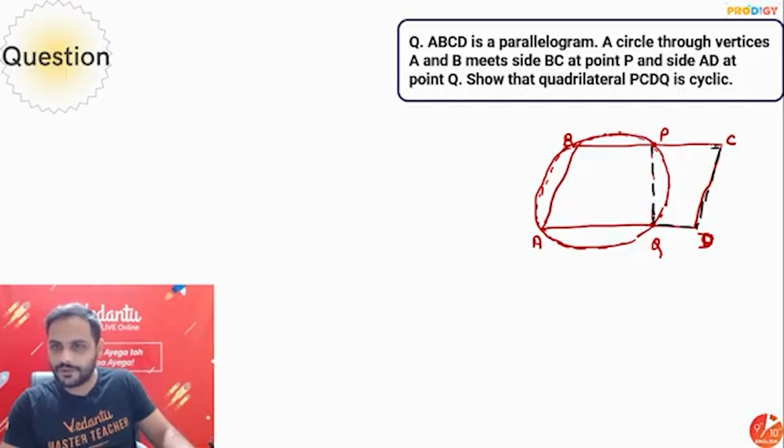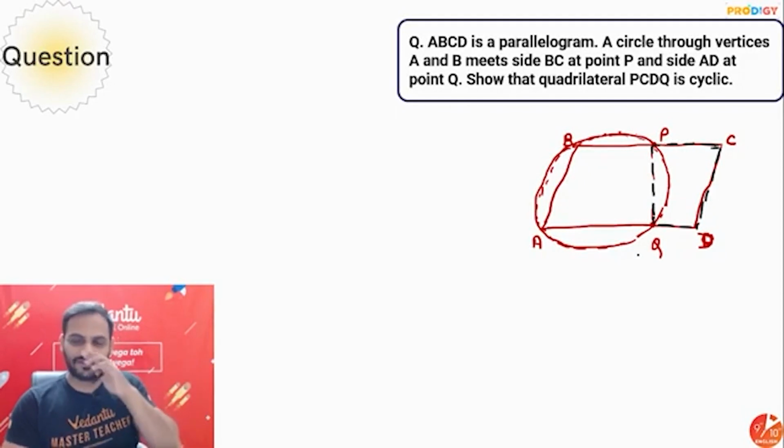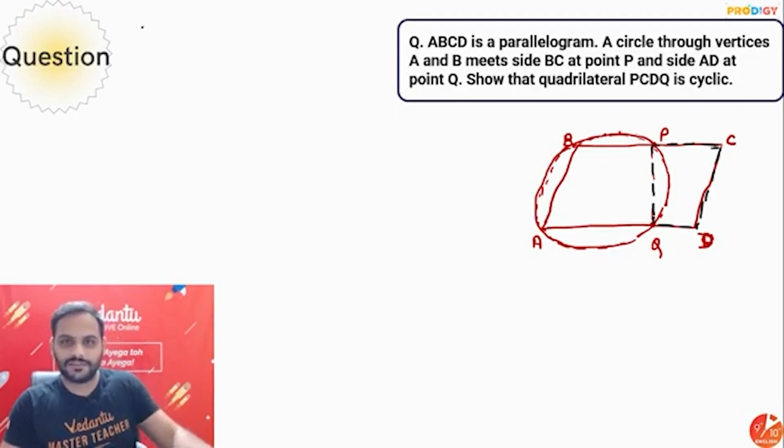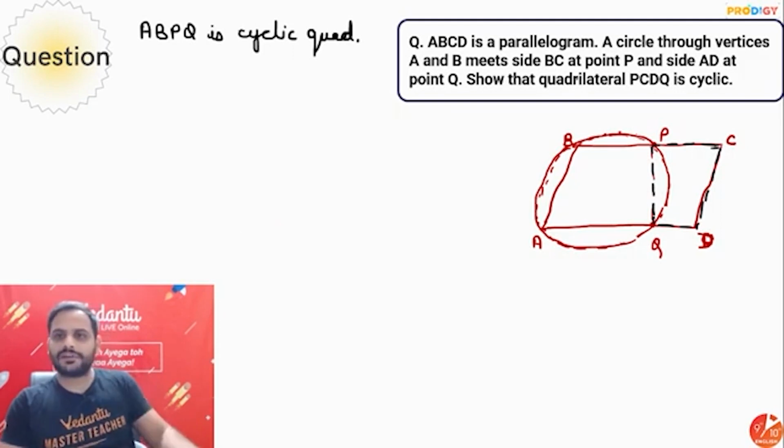Okay, guys, see what you'll do. If it was about the quadrilateral ABPQ, we know it is a cyclic quadrilateral because it is lying on the circle. So I can say ABPQ is a cyclic quadrilateral. So what can we say about the angles? Now understand this thing, guys.